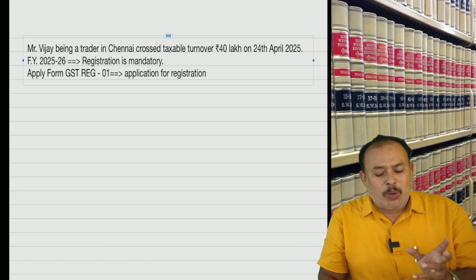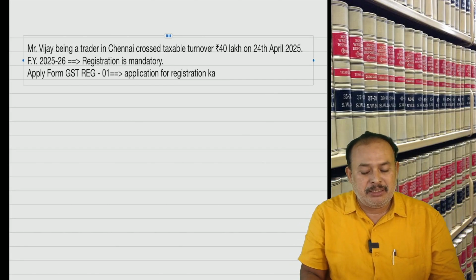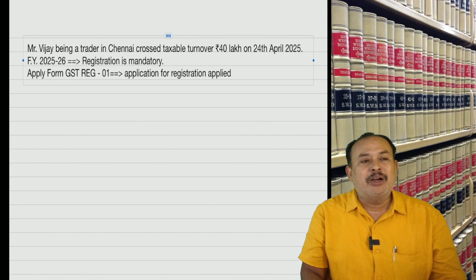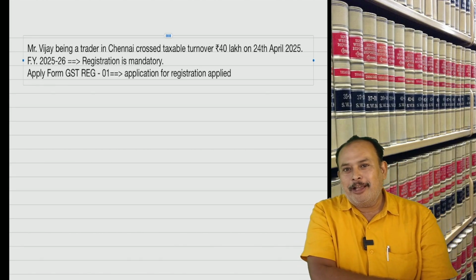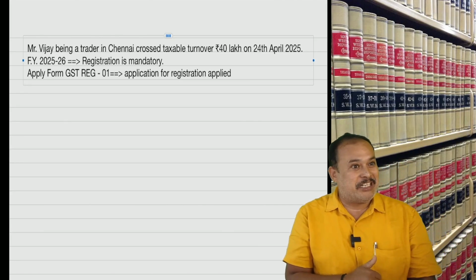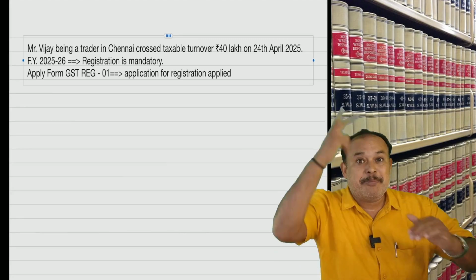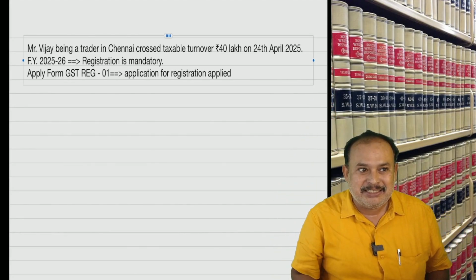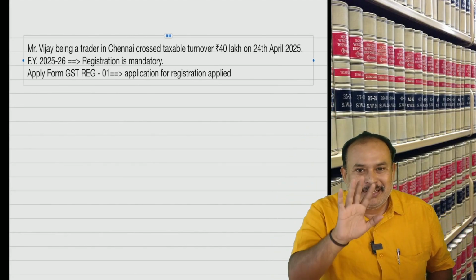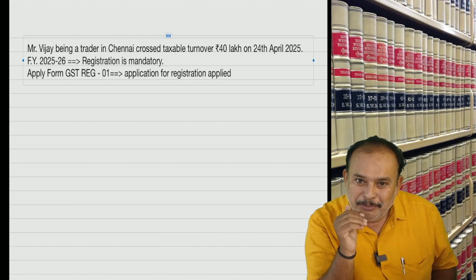Once the application for registration is to be made, the time limit is 30 days from the date the need arises to go for registration. He crossed the threshold limit on 24th April, therefore from 25th April onwards, within 30 days. So, 5 days in the month of April and the balance 25 days in the month of May.